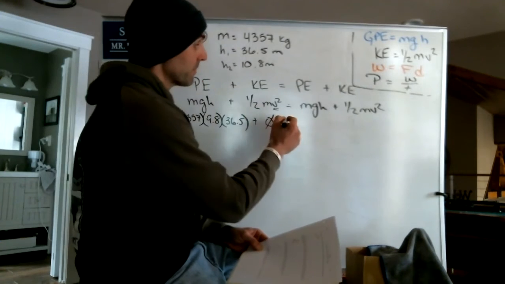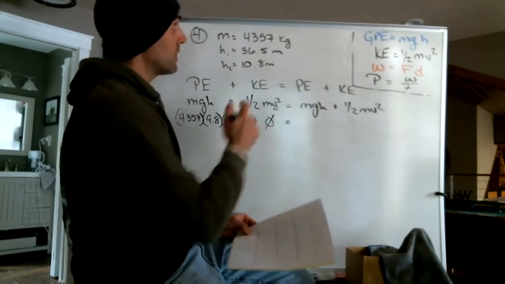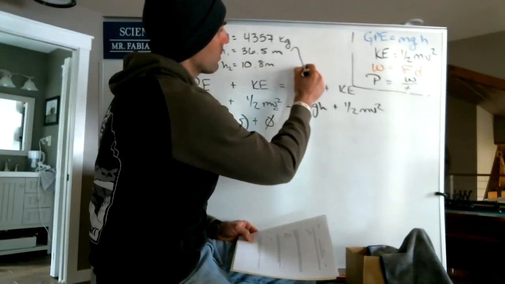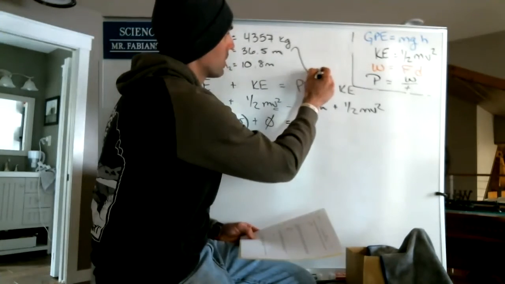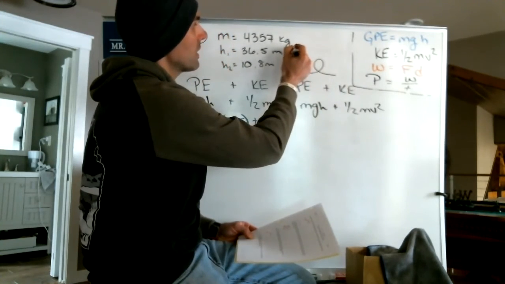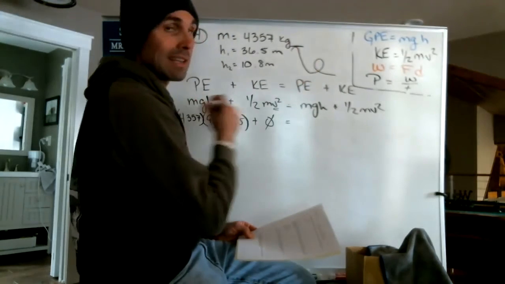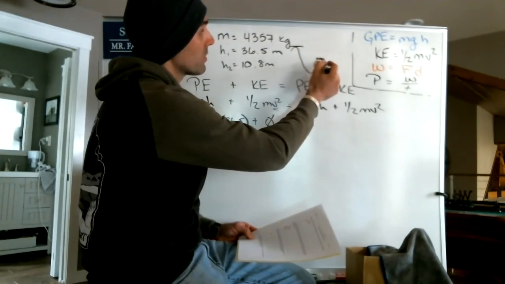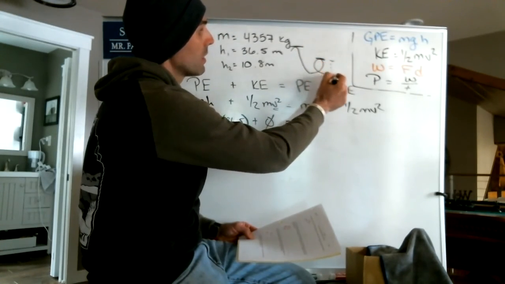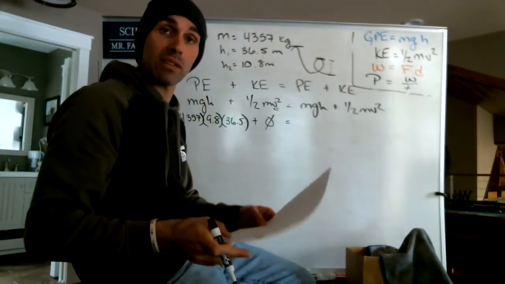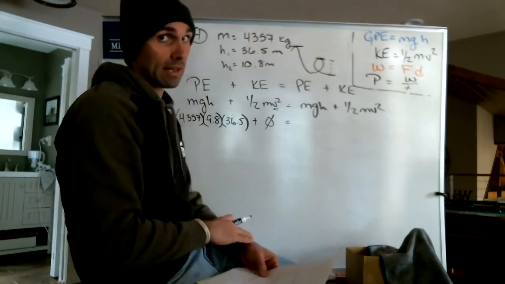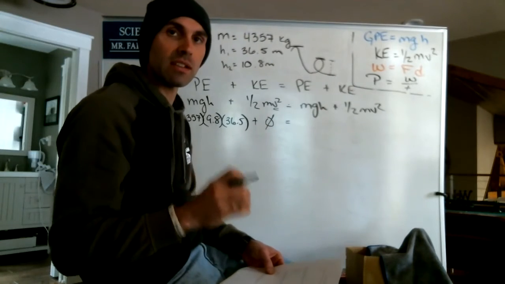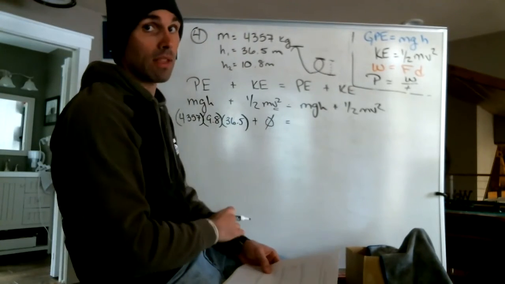Now, is it a loop or a hill? It is a loop. So we started at this point, and now we're looking here. Notice, we still have some height, so there's still some gravitational potential energy, but it's moving now, so there's kinetic as well. And we're looking specifically for the velocity component of that kinetic.